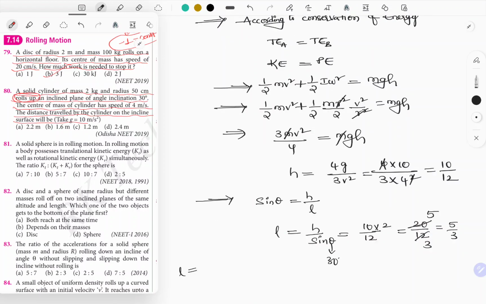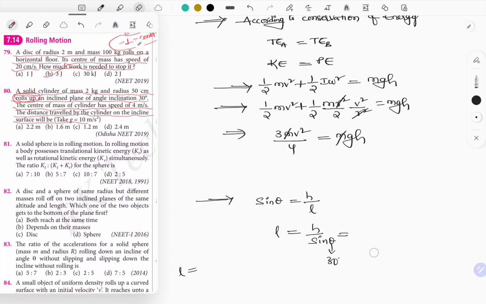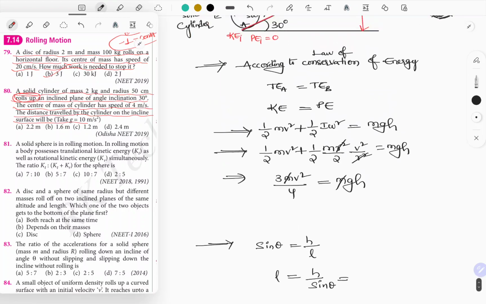5 by 3, we are getting a wrong answer. We substituted wrongly. There is a small mistake in this substitution. Here, h is equal to 3v² by 4g. We substituted it in opposite.